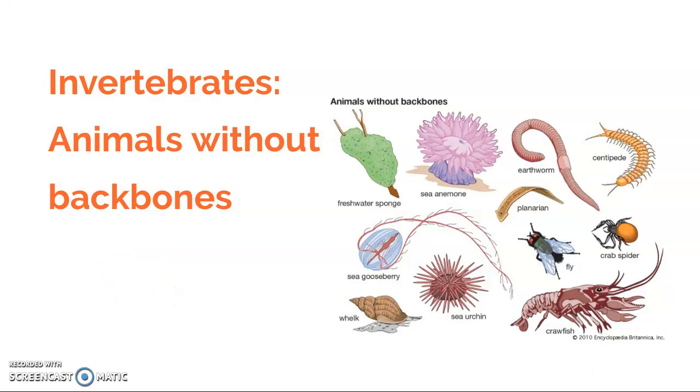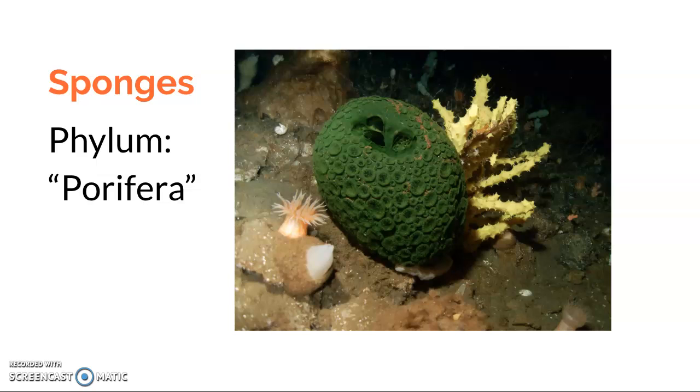Okay, let's go to a very specific animal. Let's talk about sponges. So sponges belong to the phylum called Porifera. The animals in this group catch their food in an unusual way. They sit on the floor of the ocean, as you can see, and they pump water through their bodies. The water goes through tiny pores or holes in the outside of the sponge.